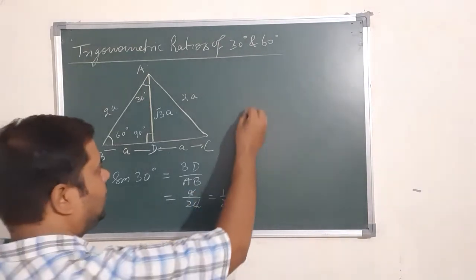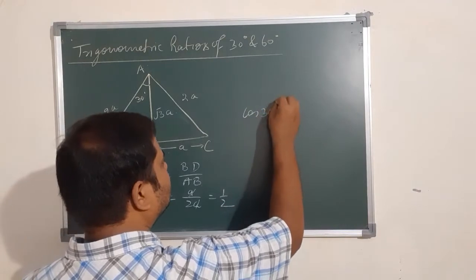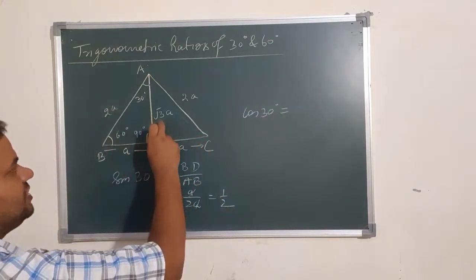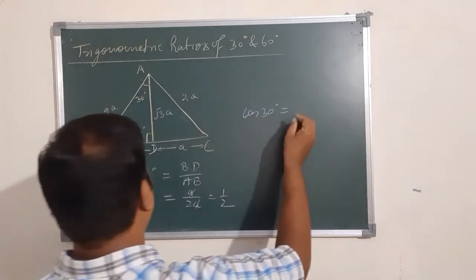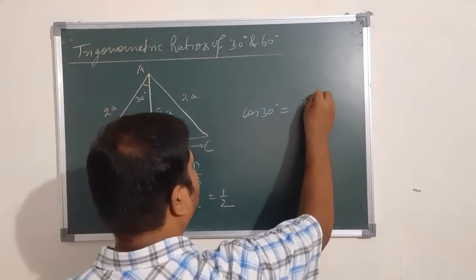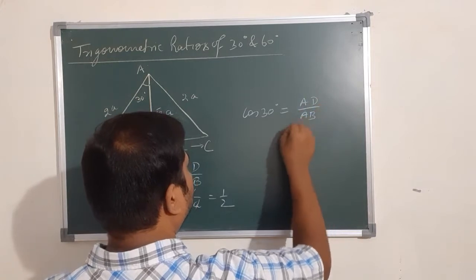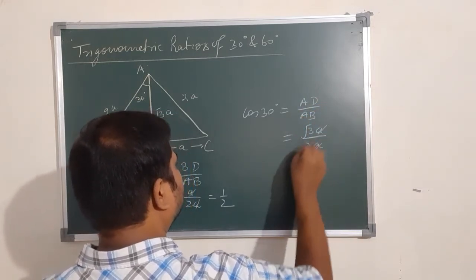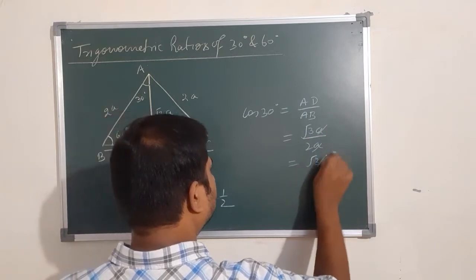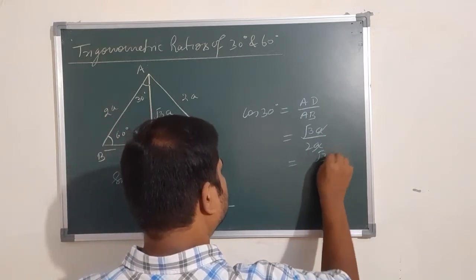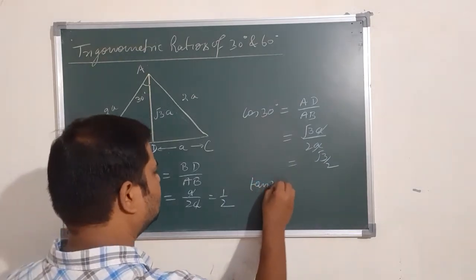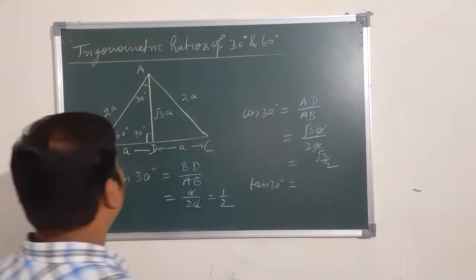Similarly, cos 30 is nothing but base upon hypotenuse. So the base is now AD upon AB. So AD is root 3A upon 2A, A cancels, this is root 3 by 2. And now tan 30 is nothing but perpendicular upon base.